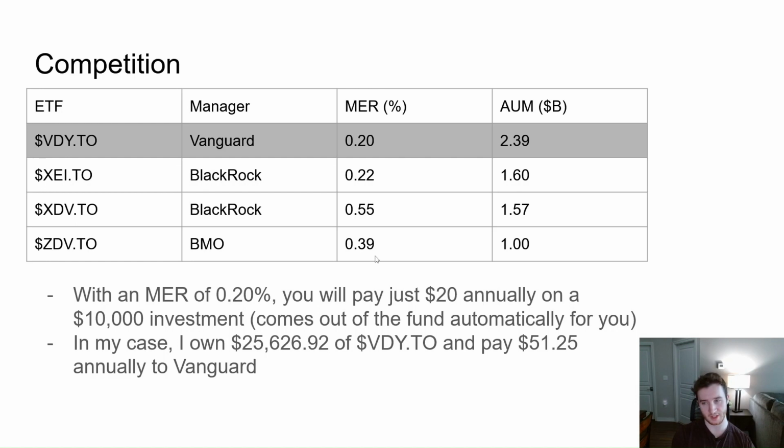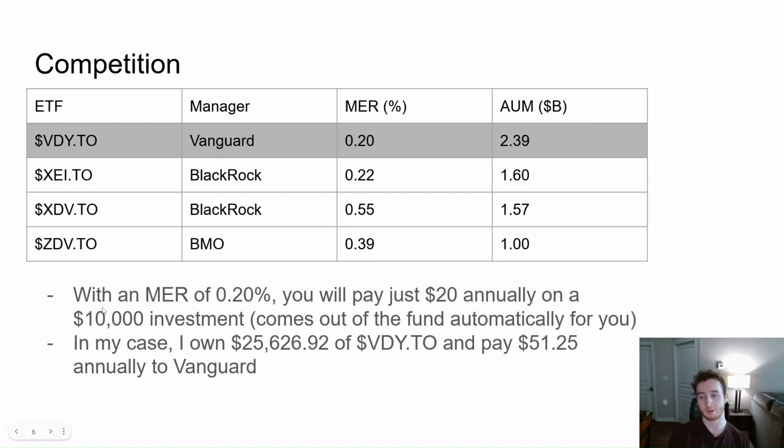It's just a select amount of Canadian companies based on dividend yield. All of these are just selecting Canadian companies on dividend yield, and I don't see the point of having fees in this high of an area. But we will see. With performance, even with these MERs, they're not able to outperform VDY. So VDY is definitely my pick from the competition here.